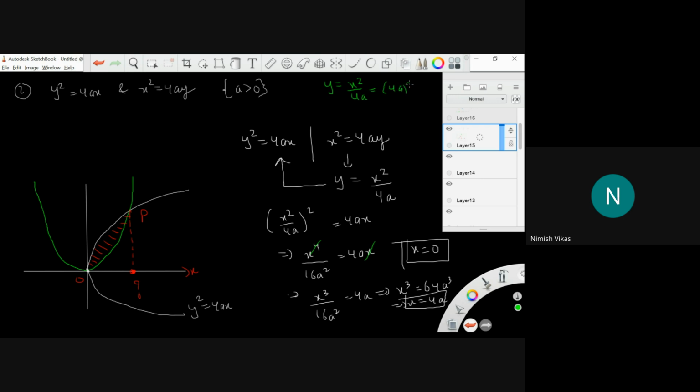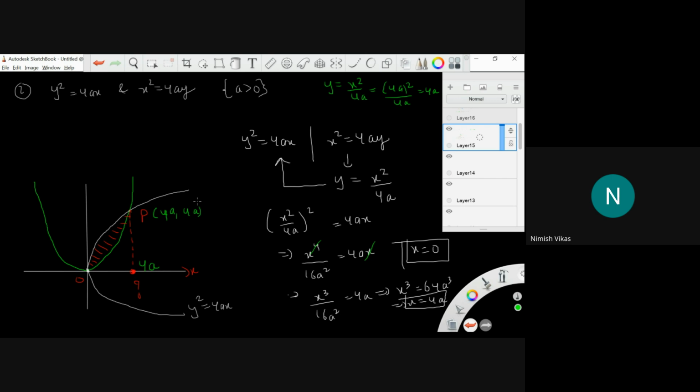So 4a whole square upon 4a is 4a only. So this point P is 4a comma 4a. So this we have obtained. The x coordinate is 4a. Like this we can do.